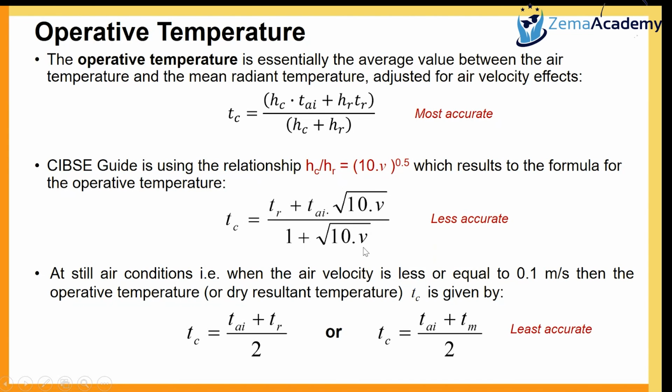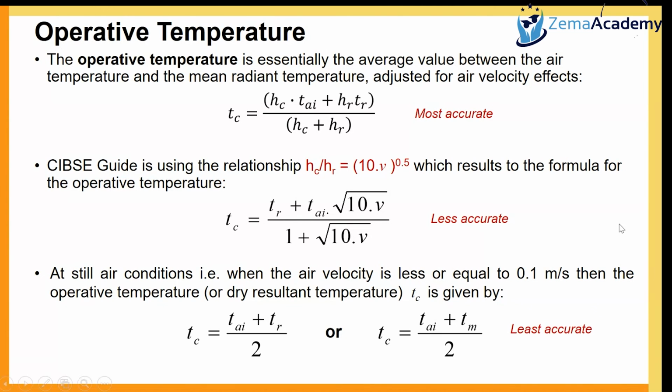So if we place the value of v as 0.1 in this equation, the equation gets simplified and it comes to the last equation that you can see over here: if the space has still air conditions, then the operative temperature is just the average of the inside air temperature and the mean surface temperature within the space.